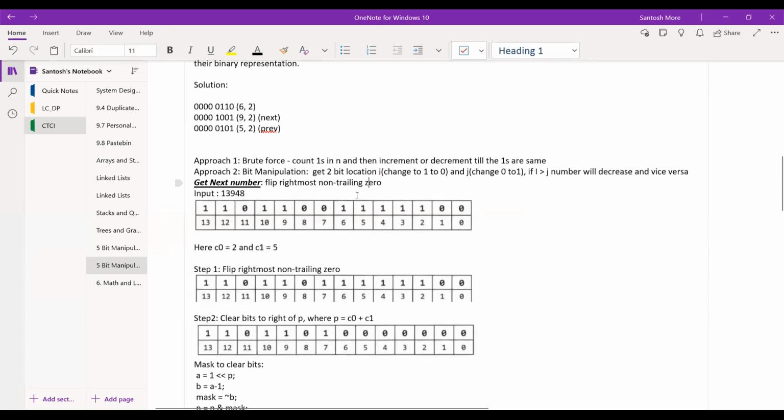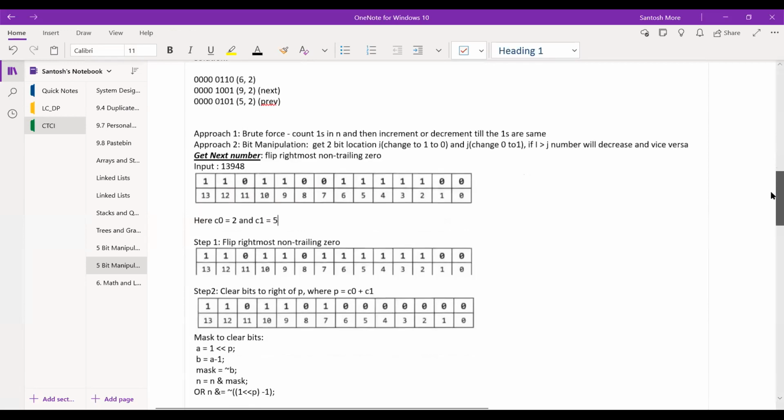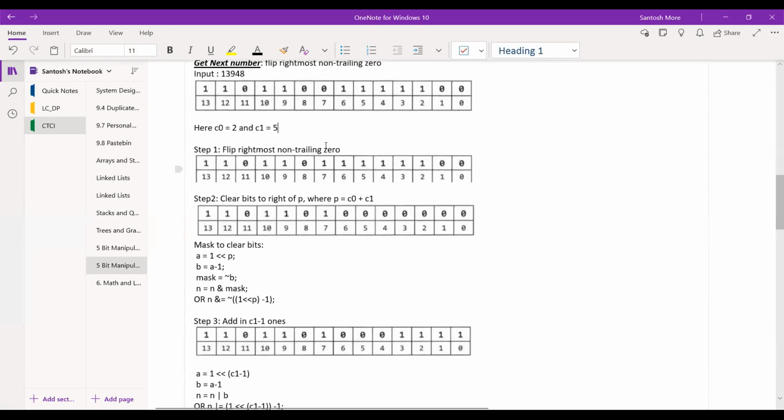Right now we are only interested in the last two blocks of zeros and ones, so C0 is 2 and C1 is 5. Then we have to flip the rightmost non-trailing 0. I'll just annotate the rightmost non-trailing 0 here.